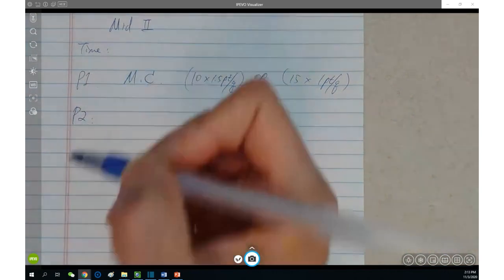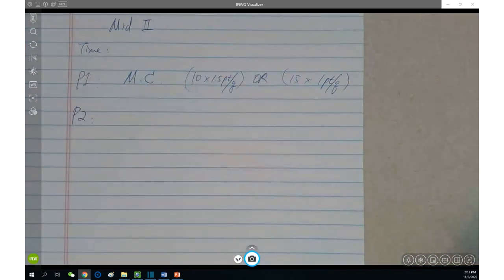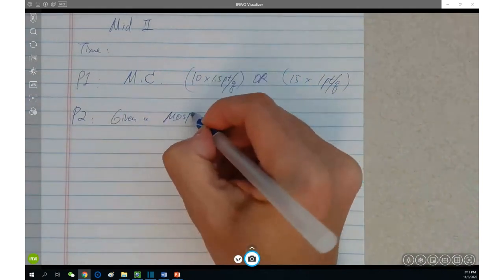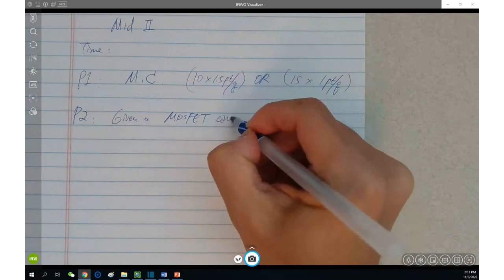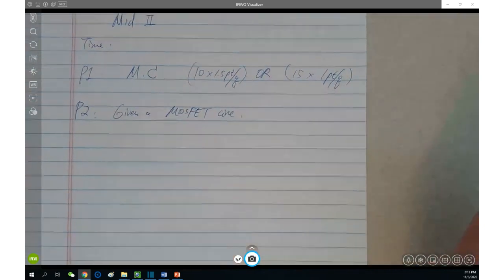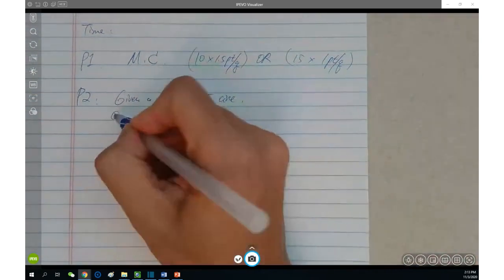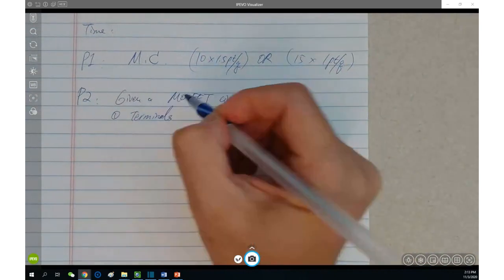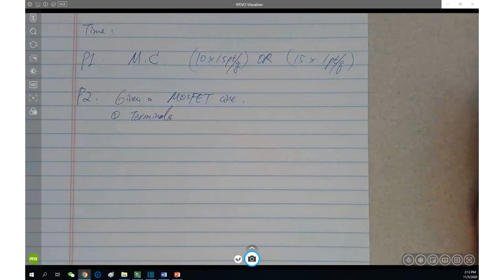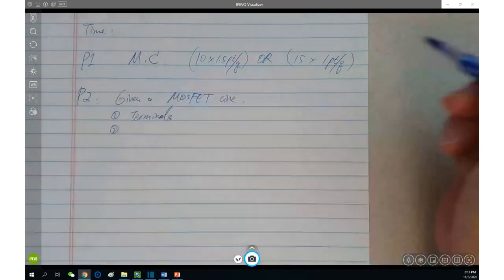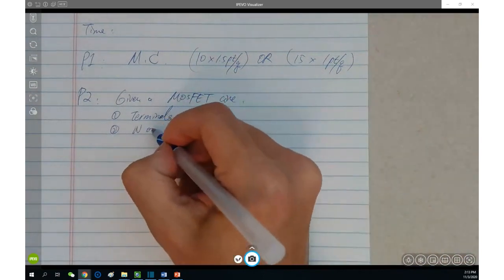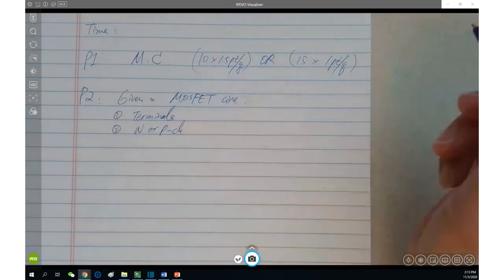Problem 2 is a given circuit, of course a MOSFET circuit. You need to answer, first of all, identify the terminals, G, D, S. Second, identify the type, N channel or P channel.